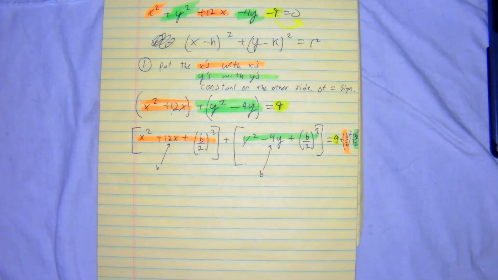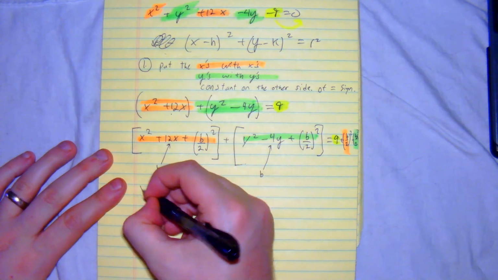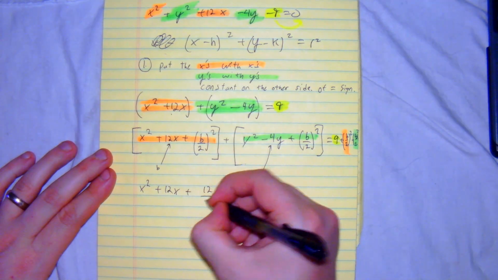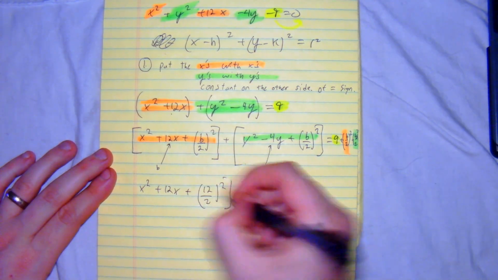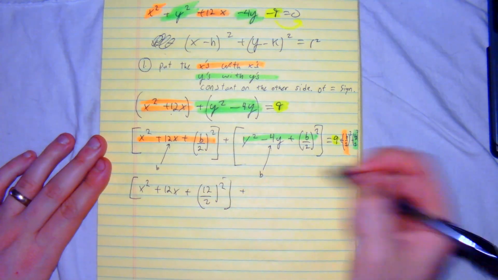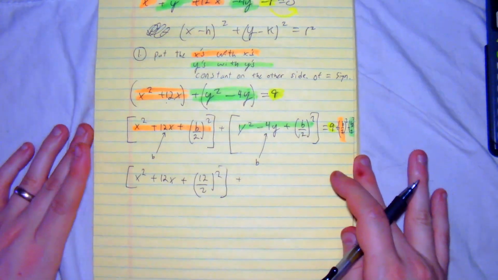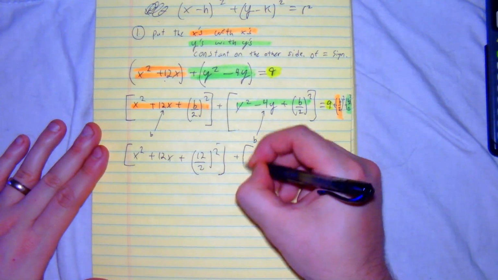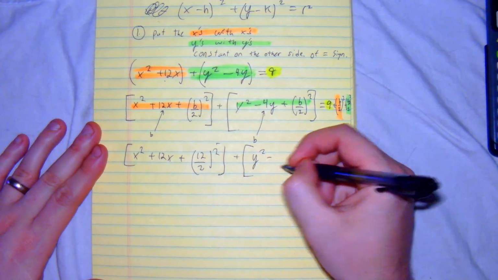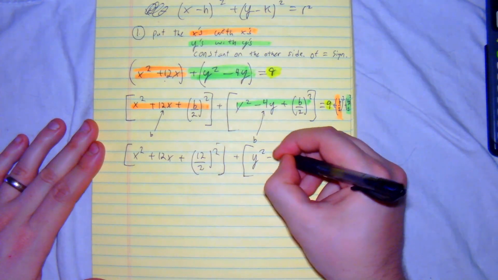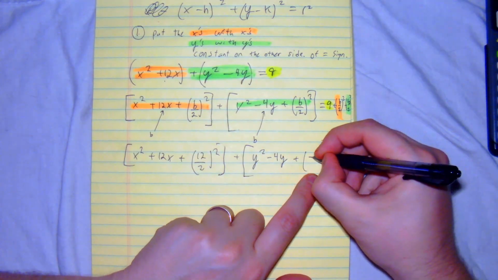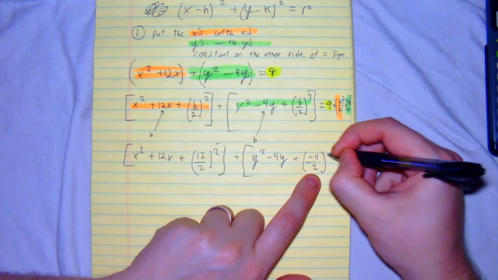So now we have x squared plus 12x plus 12 over 2 squared, plus y squared minus 4y plus negative 4 over 2 squared.